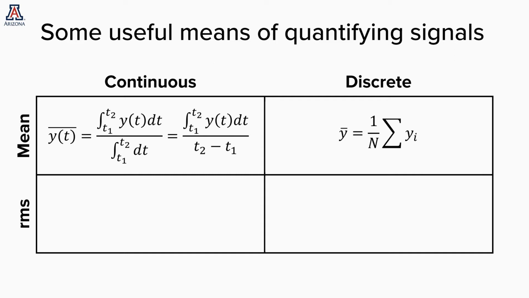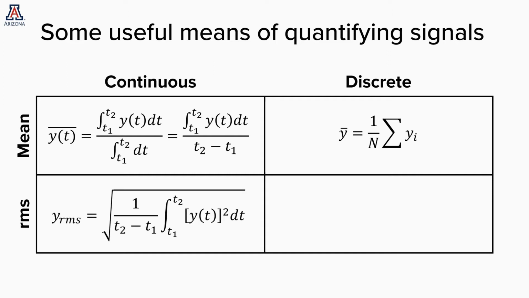Then the other thing we can do is look at the fluctuating character of this signal, which is an important task for us when we're trying to determine what's going on with these fluctuations. We would start by doing this using what's called the root mean square. This is named as such because you're taking the square root of the mean of squares. For a continuous signal, that's going to be the same process as above.